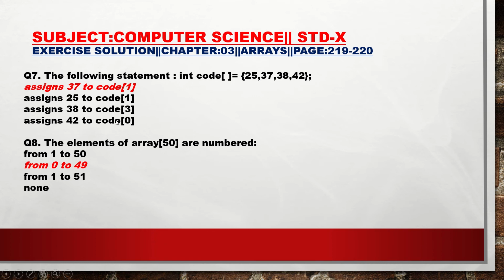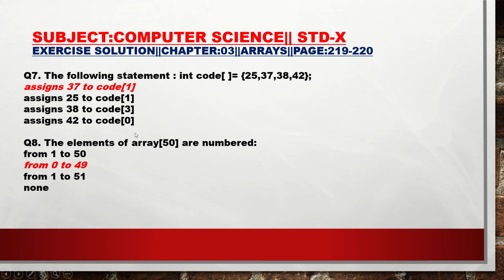You can check the other three options, students. Code[1] is not 25. Code[3], that is 0 1 2 3, is 42, but 38 is given there, so it's wrong. Code[0] is 25, but 42 is given, wrong. So the first answer is correct.